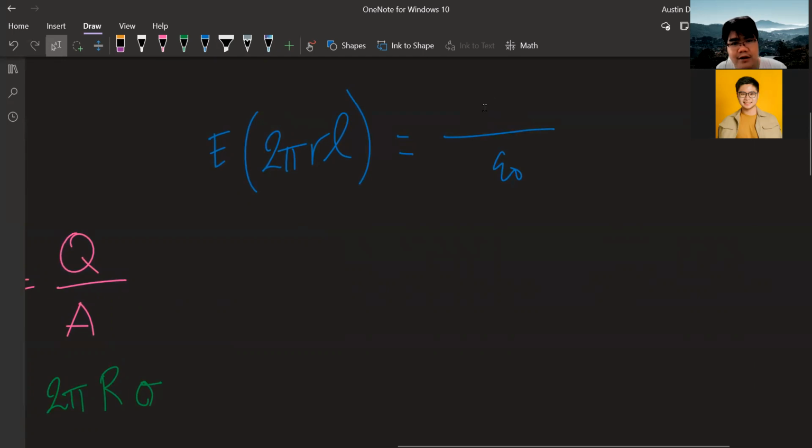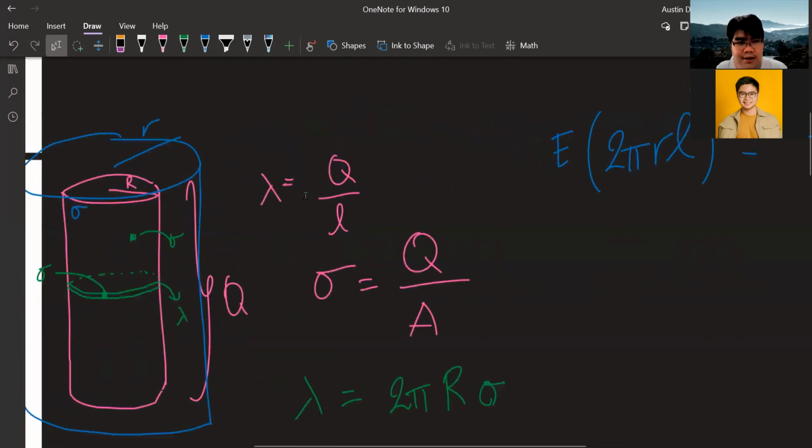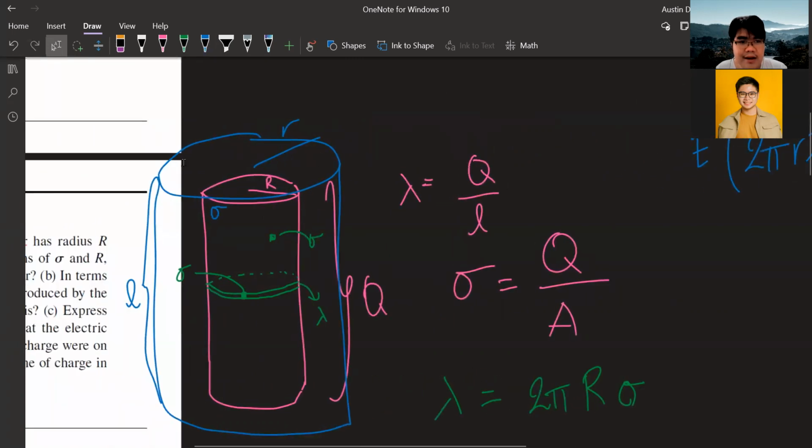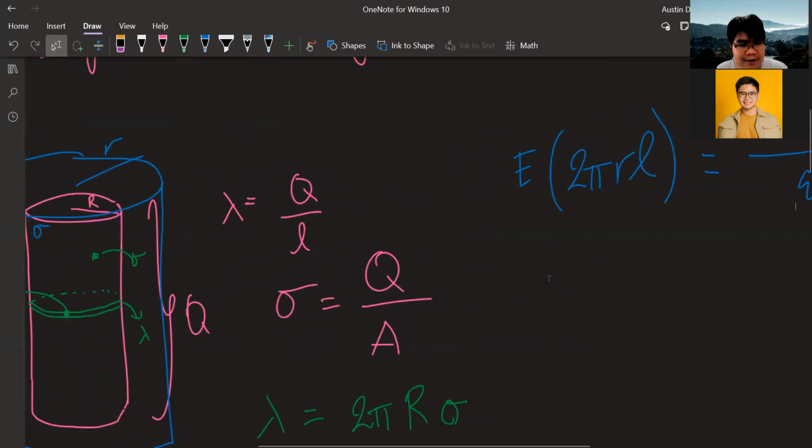Okay, so we have to think kung ano yung charge enclosed. Okay, so this guy, ito yung Gaussian surface mo. Titignan mo lang kung gaano karaming charge yung nasa loob niya. We can use lambda. Okay, since lambda is charge per unit length, tapos naka-length din naman tayo, mas madaling gamitin yan.